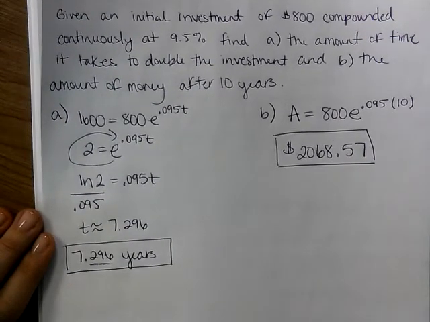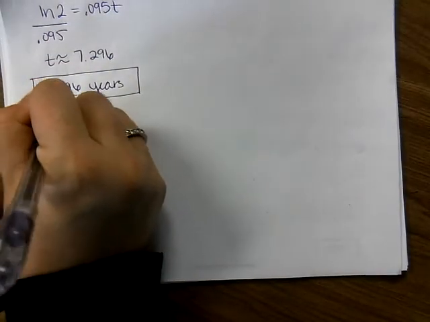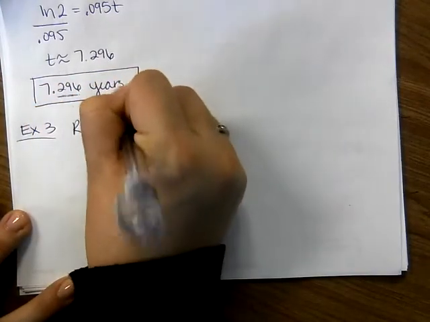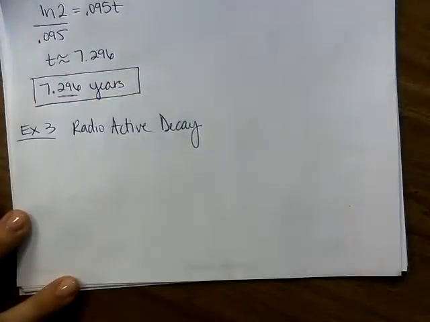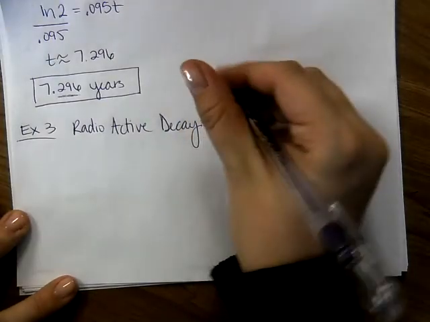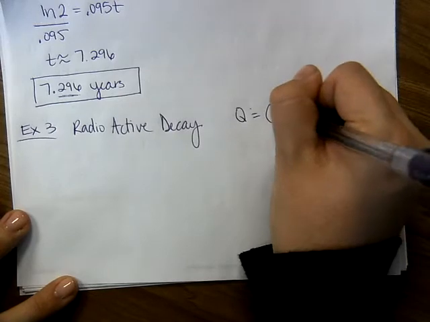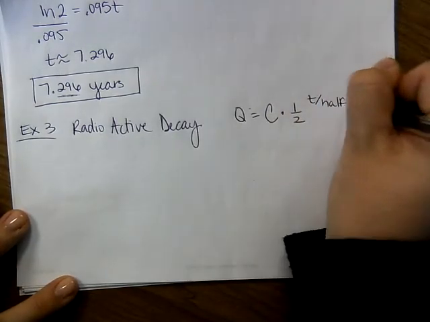Last example. Okay. Let's talk about, we have looked at this before. Let's talk about the last thing, radioactive decay. You will be working with that one, but it's the same process. Okay? So we have Q equals C times 1/2 to the T divided by the half-life.